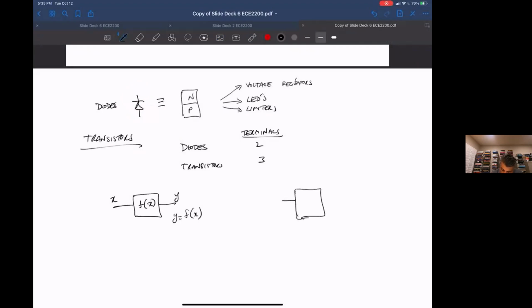Typically what that means is you'll have some kind of a control input, and then some kind of an output, and then some kind of an input, or maybe there's a reference, something like that. But there's actually three connections into a transistor.